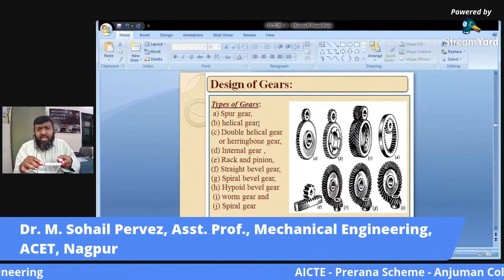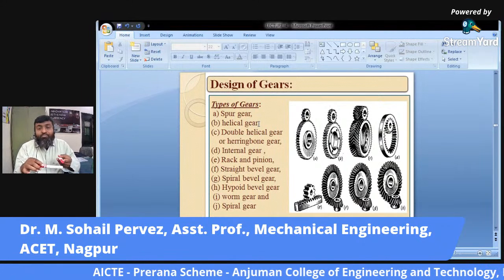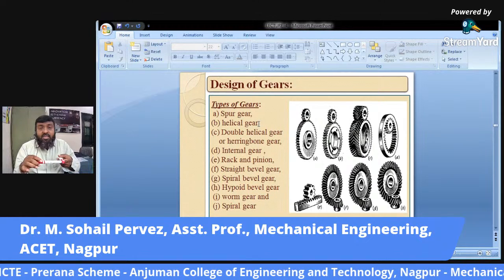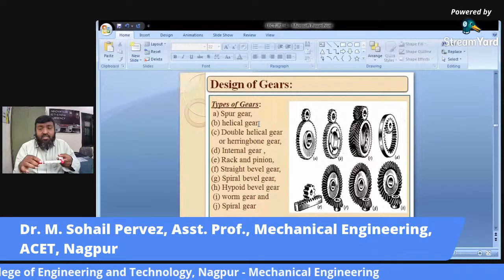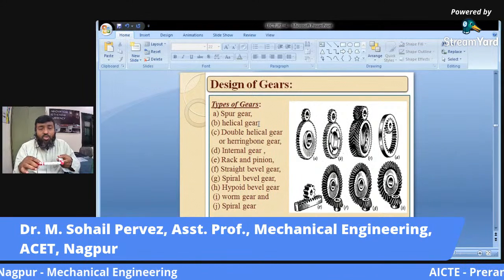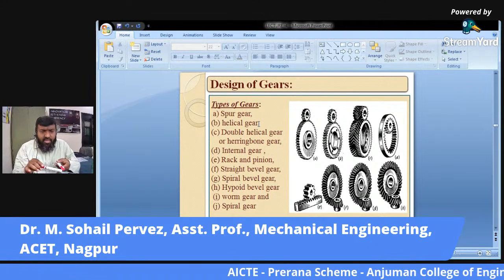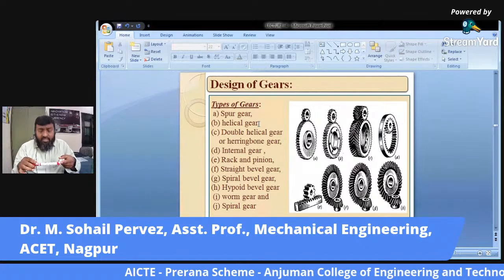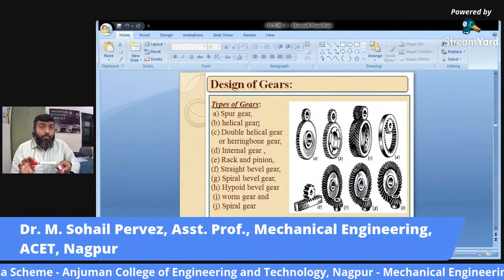Let it be spiral, hypoid, or straight, that depends on tooth profile. But the basic condition is that the axes should intersect. It is not a necessary condition that the intersecting shafts be at a right angle only. It may be acute, less than 90, or obtuse, greater than 90, but generally 90 for bevel gear.